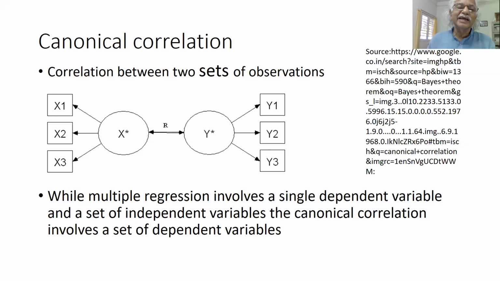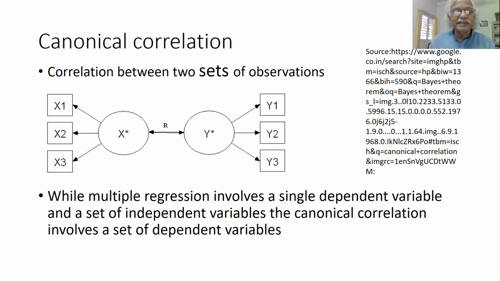But if there are two vectors, x and y, and x is measured in terms of x1, x2, x3, y is measured in terms of y1, y2, y3, then you can develop x and y as latent variables and then calculate the value of correlation between x and y, and that is called canonical correlation. So canonical correlation means correlation between two sets of observation, while multiple regression involves a single dependent variable and a set of independent variables.